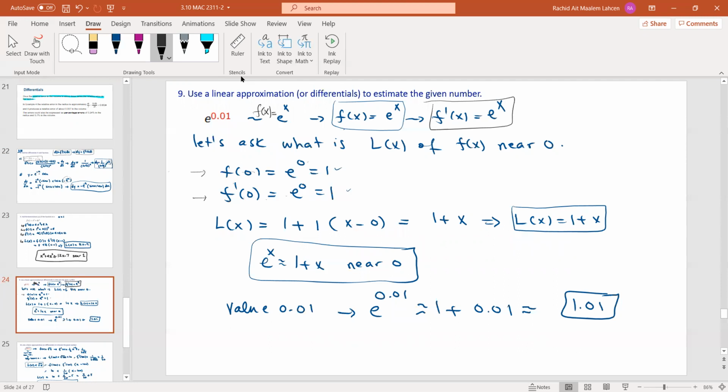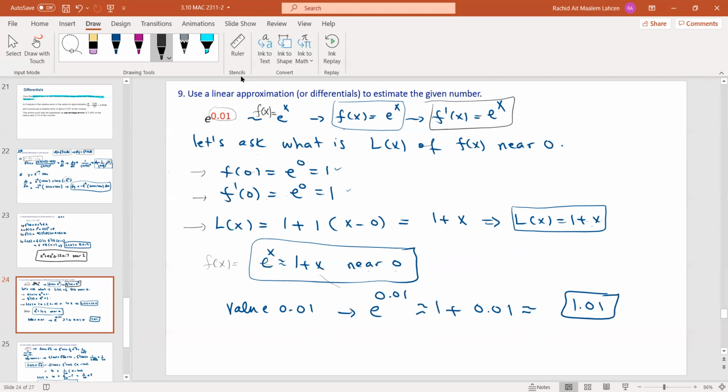F prime of 0, e to the power 0, is 1. We use the formula again. Then we find that the linear approximation is 1 plus x, which means the function f of x, which is e to the x, is the same as the approximation near 0, because we did it at 0. And of course, the question is at 0.01, which is near 0.